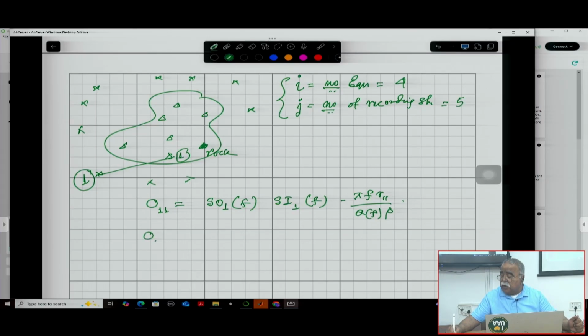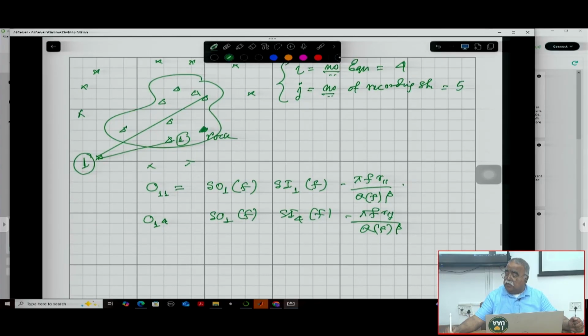Next, the first earthquake might be recorded at the third or fourth station, at the fourth station. So O14 will be equal to SO1(F) plus S4(F) minus pi F R_ij divided by Q(F) into beta, right? So that's fine.